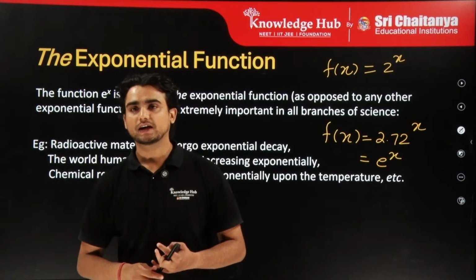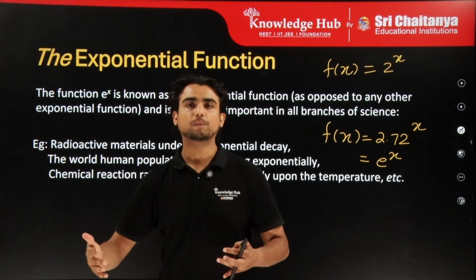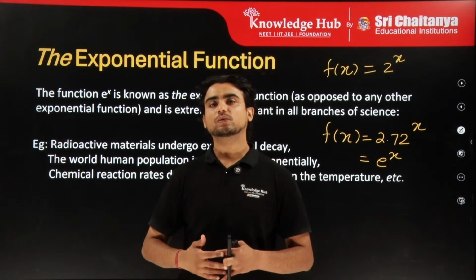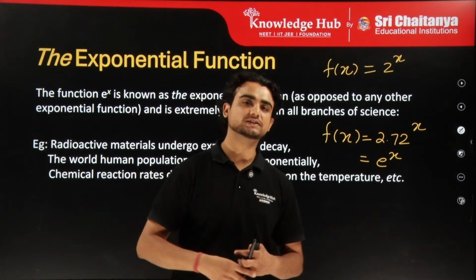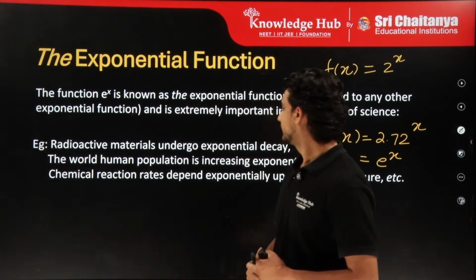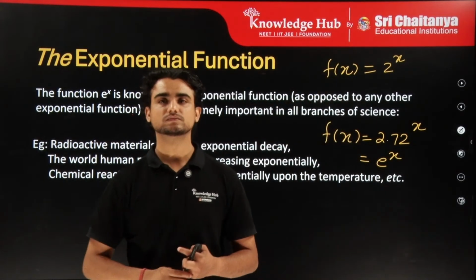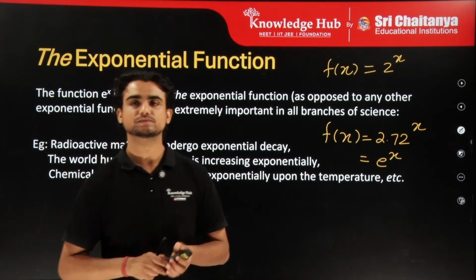As we go, 10 years from now, the population which we have now will be double, more than double. It is growing at a very fast rate, so we call it exponential growth. Chemical reactions depend exponentially upon the temperature. So exponential functions are very useful.